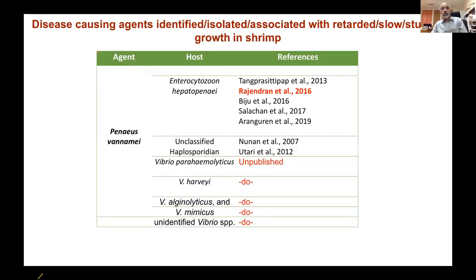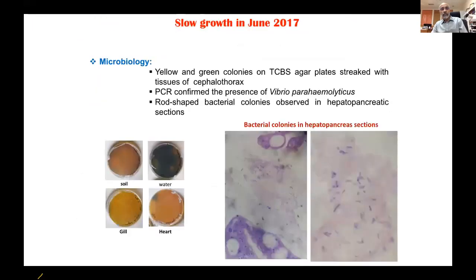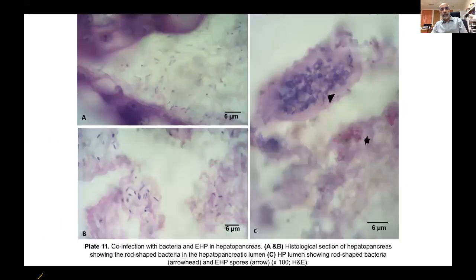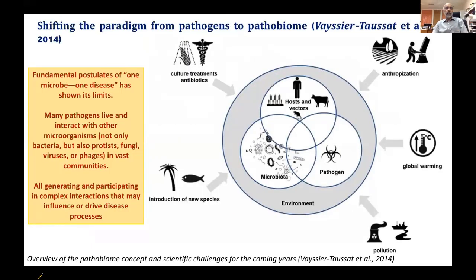So here, what I want to tell you, I'll just take you to this particular slide. We need to really shift our focus, because until now we have been focusing only on a single pathogen, single disease paradigm. That means a particular pathogen will lead to a particular disease condition. But in an aquaculture scenario, this may not be true, because there is a whole lot, what scientists call the pathobiome.